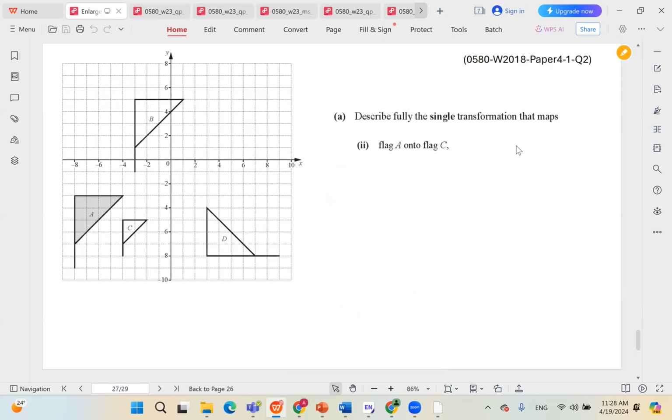Now, moving on to our final problem. We want a transformation that maps flag A onto flag C. So you can see that A and C both have the same orientation. So A here has this side equal to 4, C has this side equal to 2. So K would equal 2 over 4, which is 1 over 2, and K is positive, of course.